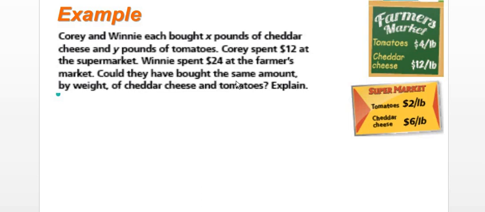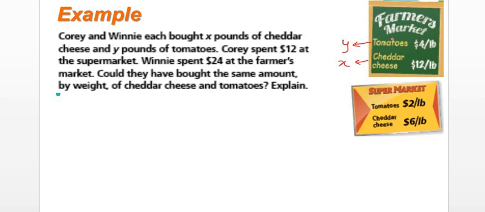Could they have bought the same amount by weight of cheddar cheese and tomatoes? Okay, first, how will you make the equations? So remember, they are talking about the tomatoes, and what is the variable that is representing the tomatoes? It's y. And when we talk about the cheddar cheese, what is the variable that is representing it? It's x.